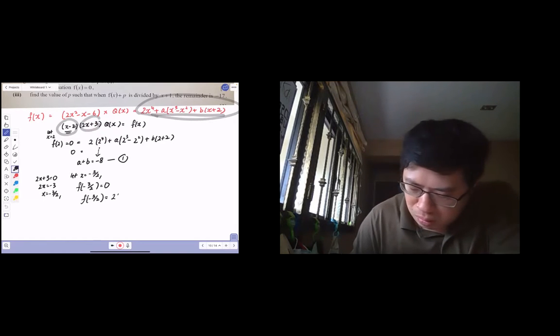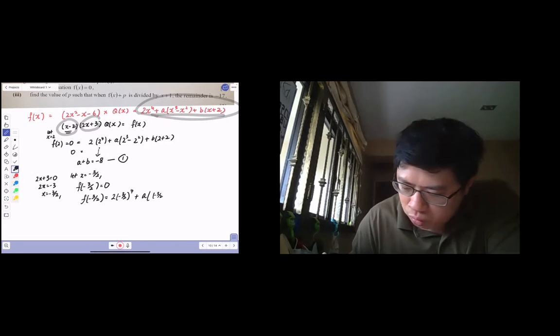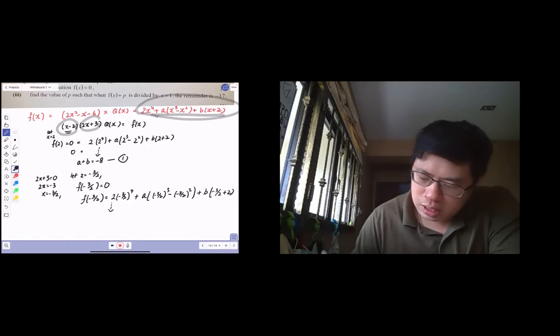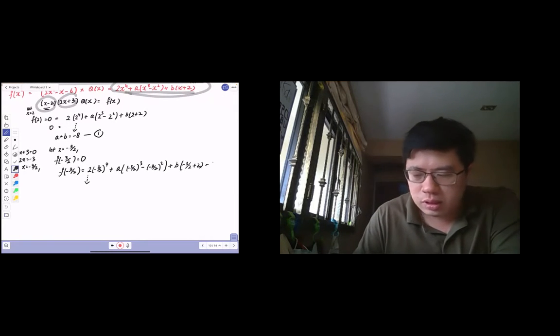This is 2(minus 3/2) to the power 4 plus a(minus 3/2) cubed minus x squared plus b(minus 3/2) plus 2. I'll leave you to work this out. This should be equal to 0.